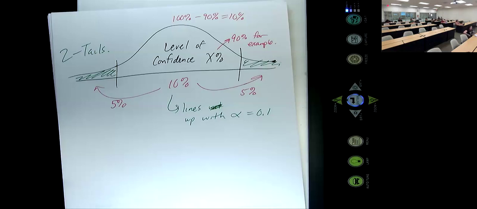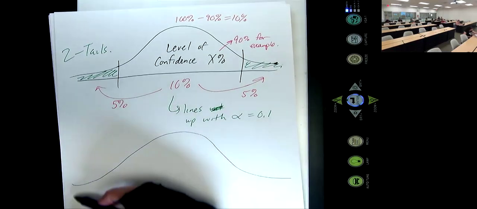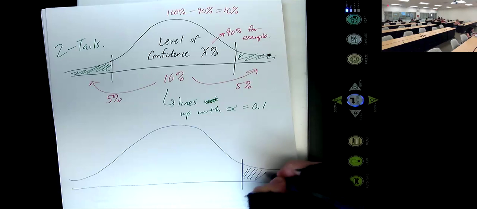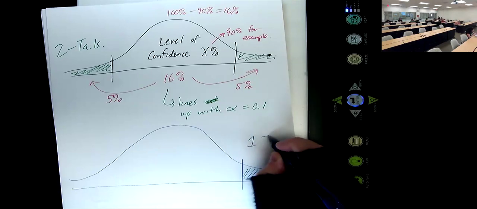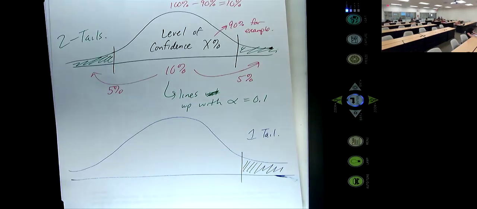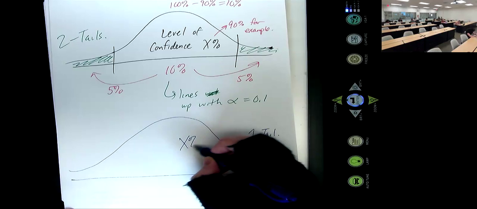And we have the one tail test. I'll just pick a tail for this example. Let's say it's just this side. One tail. So we'll have X% level of confidence.